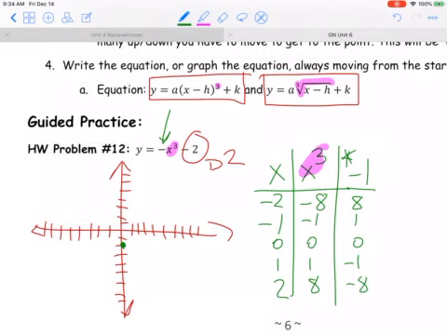So this is going to become 8, 1, 0, -1, -8, which should just flip our graph upside down. So the first point, -2, means you go left 2, and then we go up 8. 3, 4, 5, 6, 7, 8. The next one's at -1, 1. Right here and here. So you go left 1, up 1. And then 0, 0 stays here. 1, -1, start at that vertex and go right 1, down 1. And then right 2, and down 8.